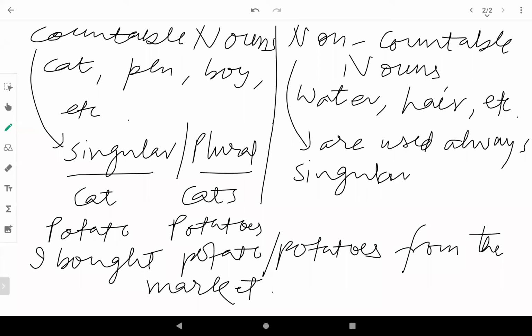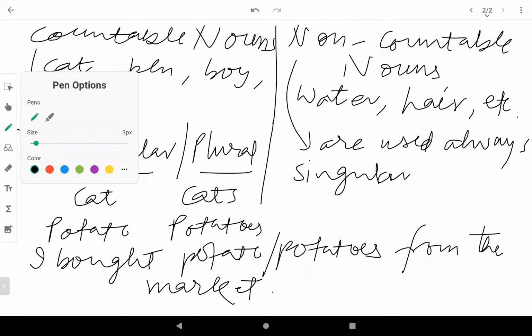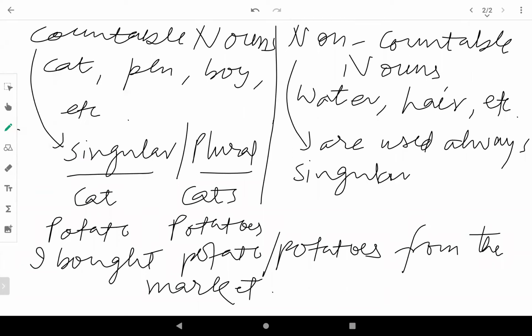What you will use? Potato or potatoes? Like here, how many potatoes you have bought? You can't say. It makes the noun what? Non-countable. So non-countable are used always for singular. You see, in this sentence, what is correct? In this sentence, potato is correct, potatoes incorrect.